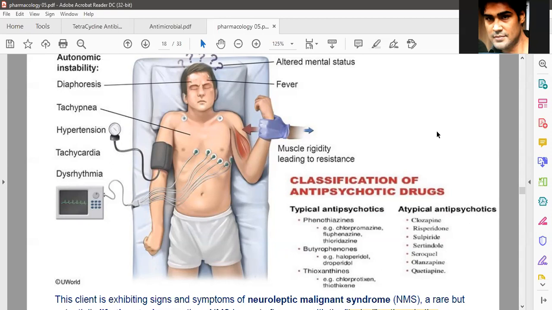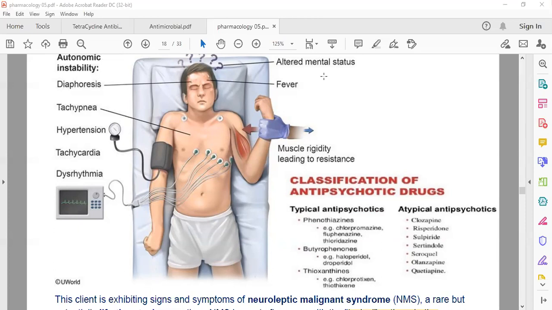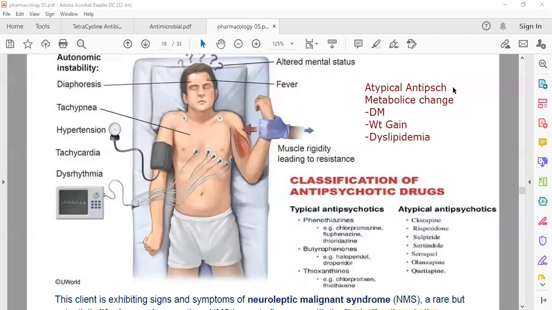But atypical antipsychotics also have some disadvantages, because they can sometimes cause metabolic changes, like the patient developing diabetes mellitus, weight gain, and dyslipidemia. So let me read it: atypical antipsychotics have a disadvantage.